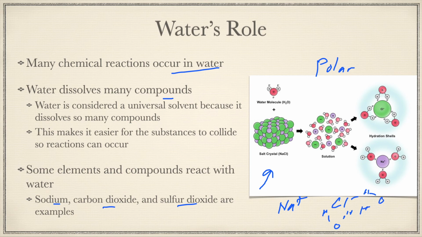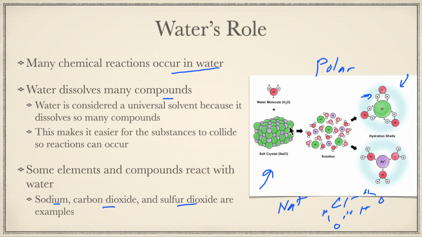You have the hydrogens all pointing towards the chloride because the chloride is negatively charged and the hydrogens are positively charged. So the water molecules will come in, surround a chloride ion and pick it off.